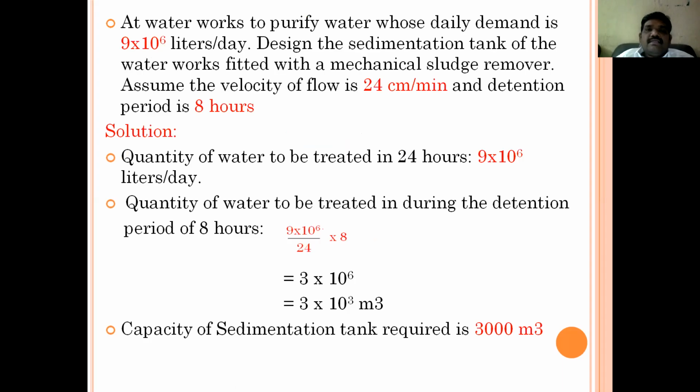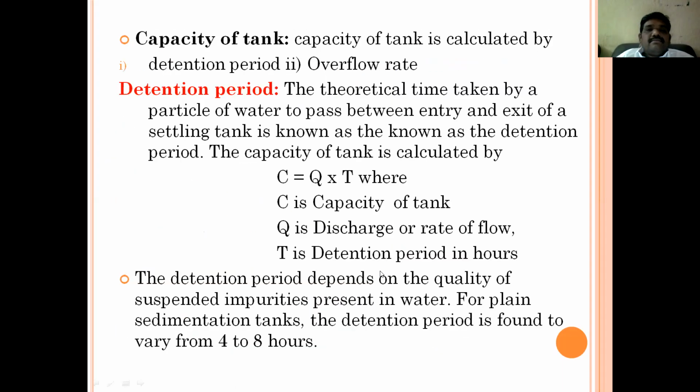See, this is the question where we got the values of water demand, 24 centimeters per minute, 8 hours. Why 8? During the detention period, normally the water is treated. What is the detention period? The theoretical time taken for a particle to cross from the entry to the exit of the settling tank. That is called the detention period.